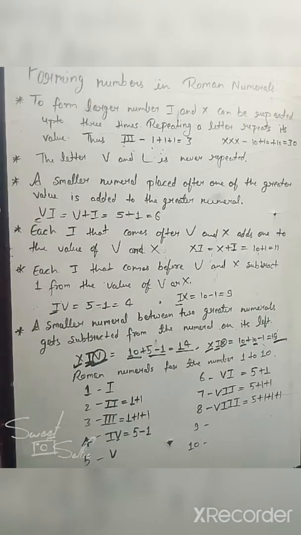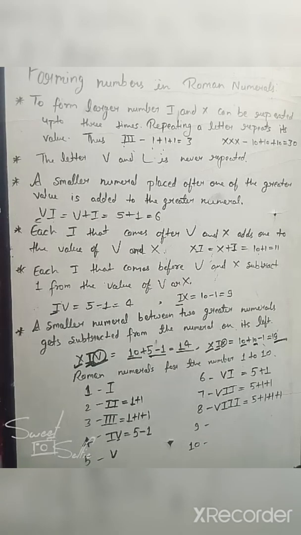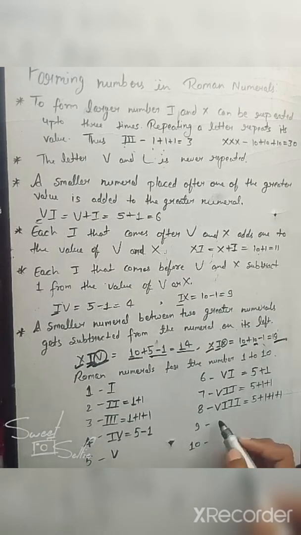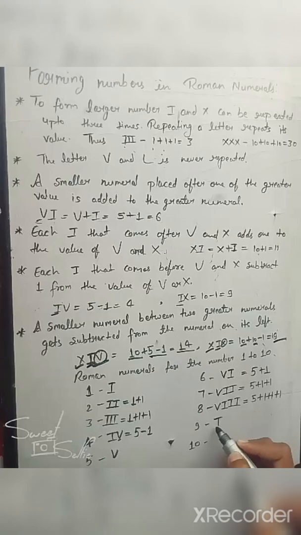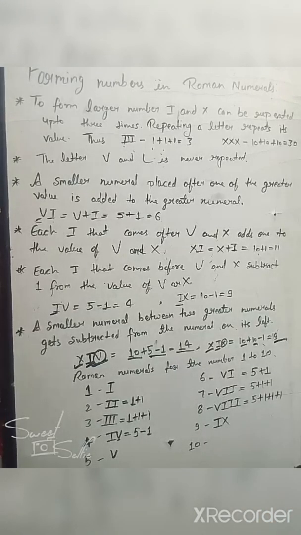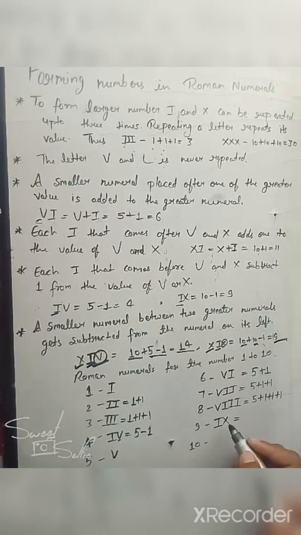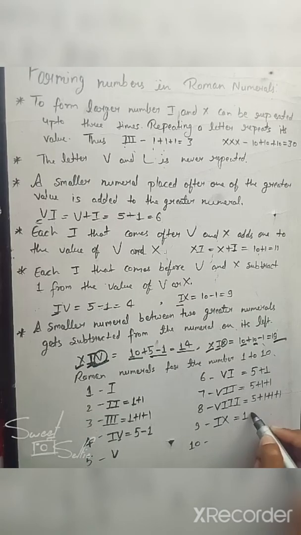And now can we write VIIII, means 4 times I? No, we know we can't write it. So what we will do here, again we will write I and X, means I before X. So here I will be subtracted from X, means 10 minus 1.